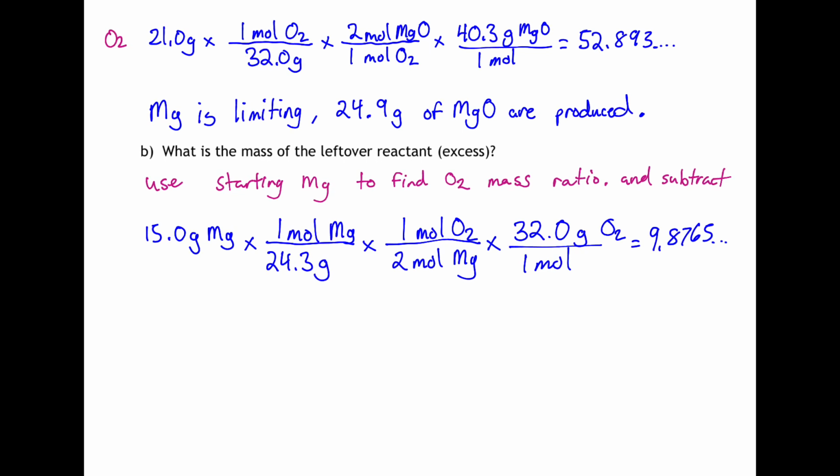What we can do, our subtraction now. So the subtraction is we started with 21.0 grams, and we used up 9.876, bunch of numbers, grams. And so we have, to the right number of digits, 11.1 grams O2 left over.